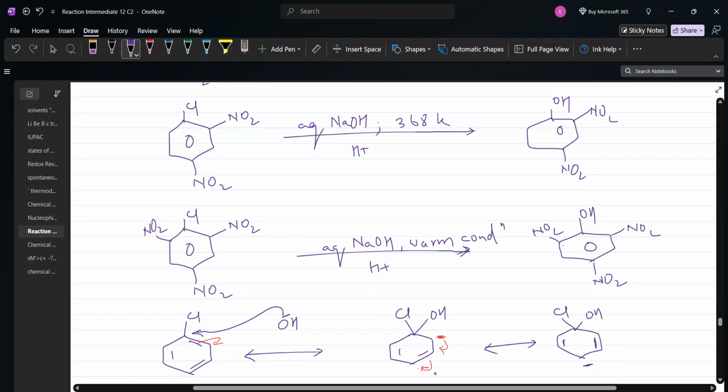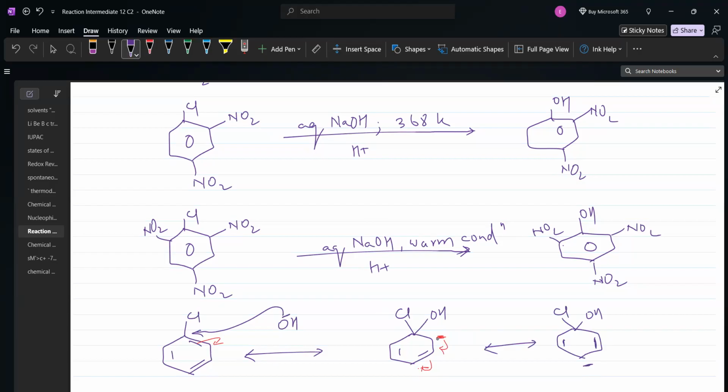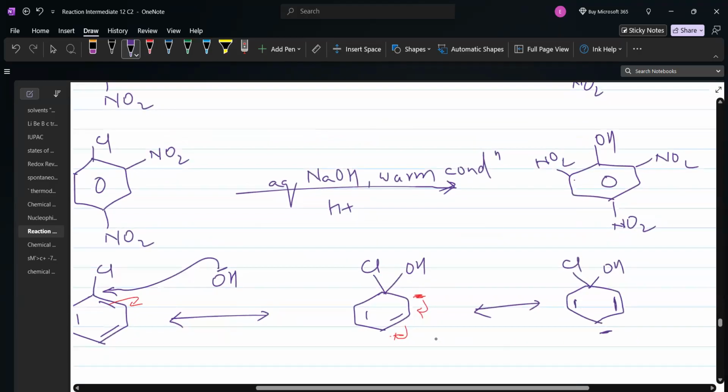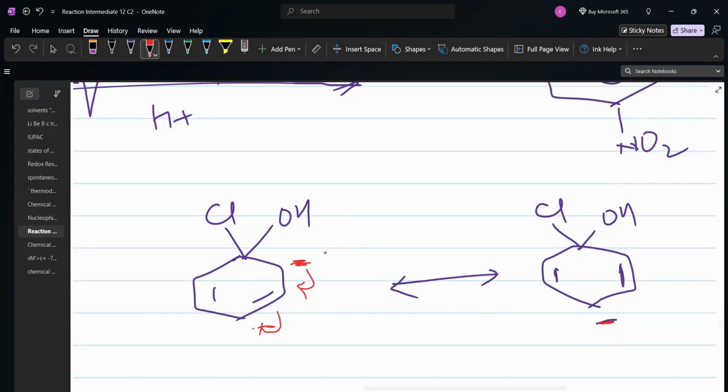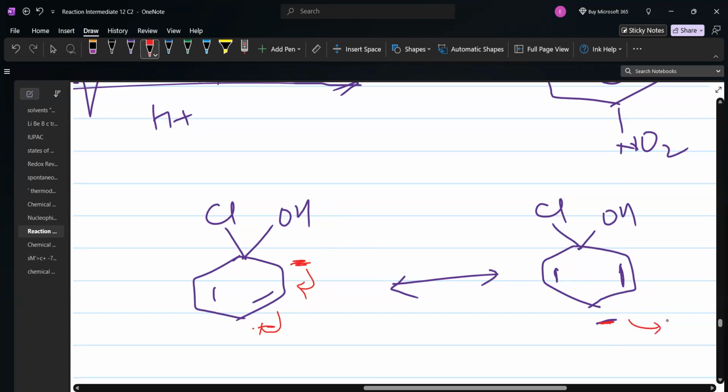So when an electron withdrawing group is present at this position or this position, can you see the negative charge is present at which positions? Ortho and para positions, right? When the electron withdrawing group is present there, it withdraws electrons from here, so that increases the stability.